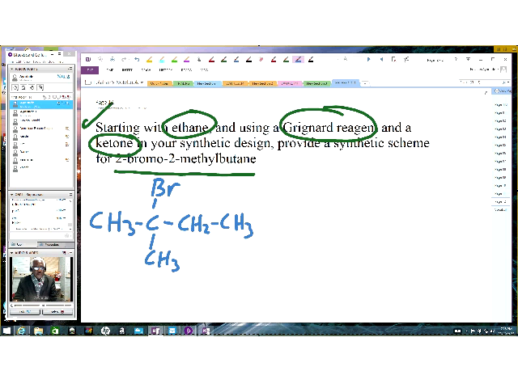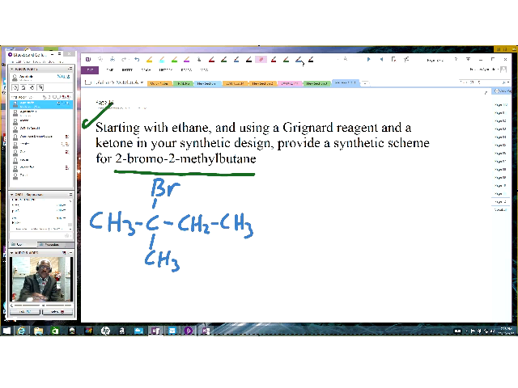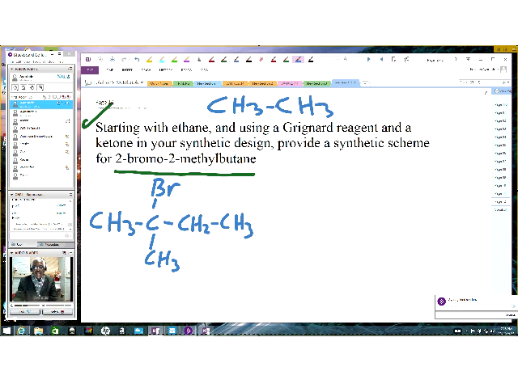And so this is 2-bromo-2-methylbutane. Now, they also tell us that to make this compound, we have to start with ethane, which is this here. Okay, so no matter what we do, we have to find a way to start with ethane and obtain this final product here. And they also tell us that we have to use a ketone.